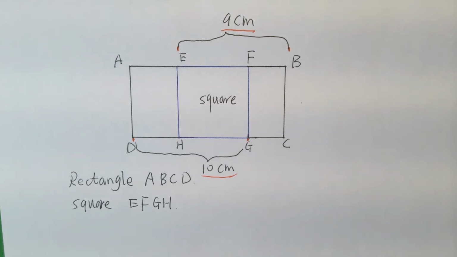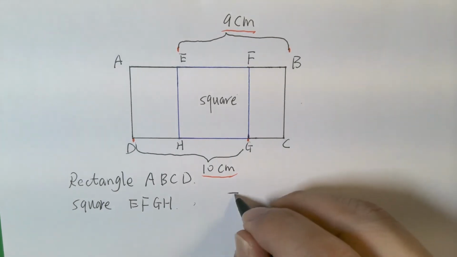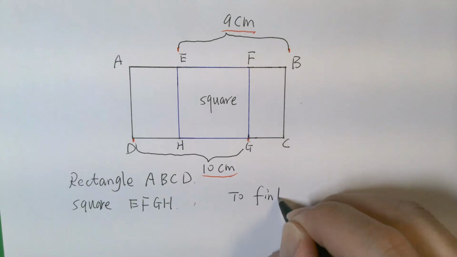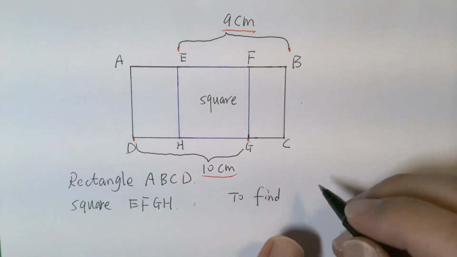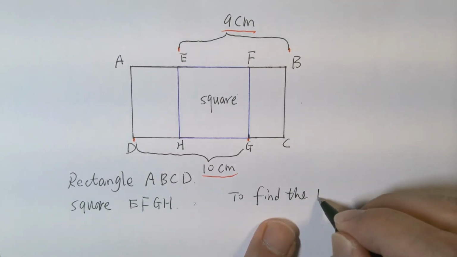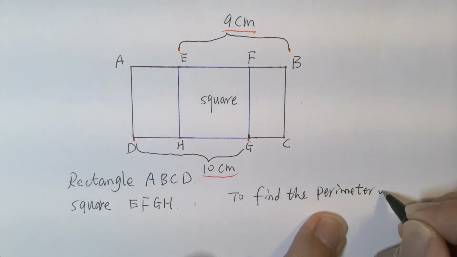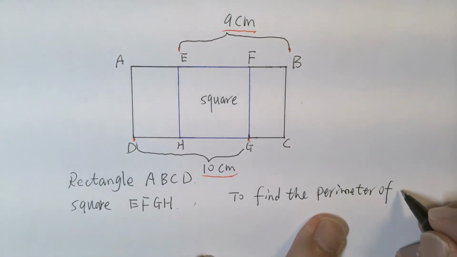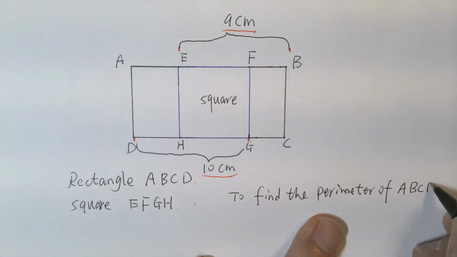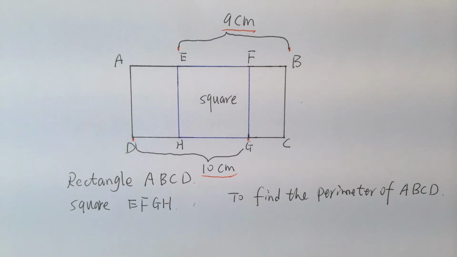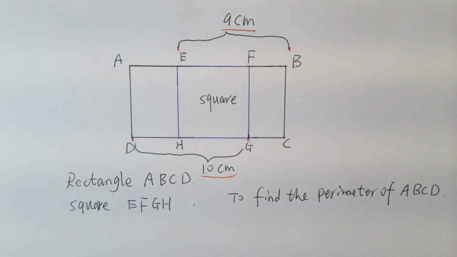The problem is to find the perimeter of the rectangle A, B, C, D. Let's take a moment to look at this question.